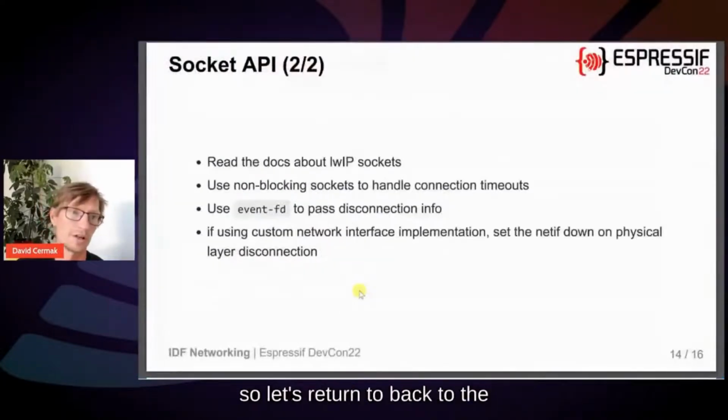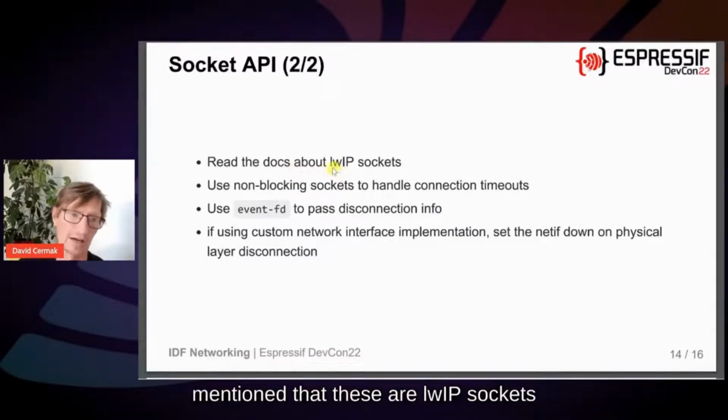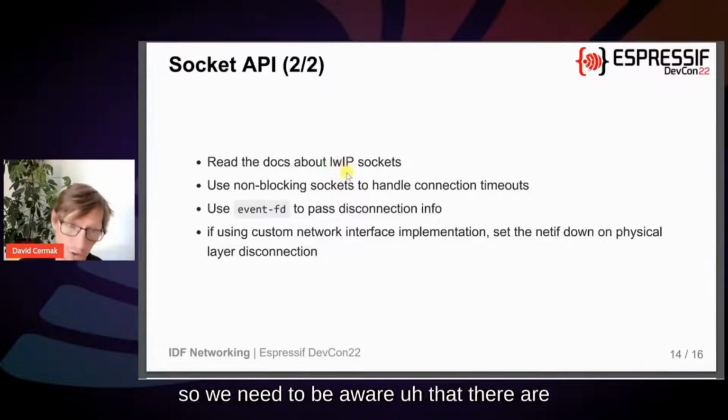So let's return to the presentation, and let's see what we have learned when showing this example. About socket API, I've already mentioned that these are LWIP sockets. So we need to be aware that there are certain differences.